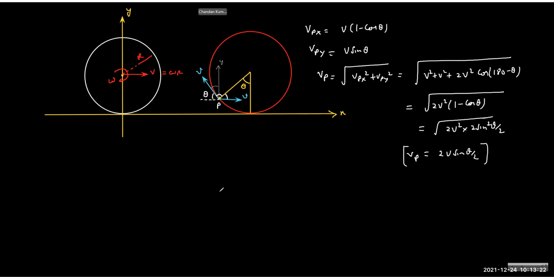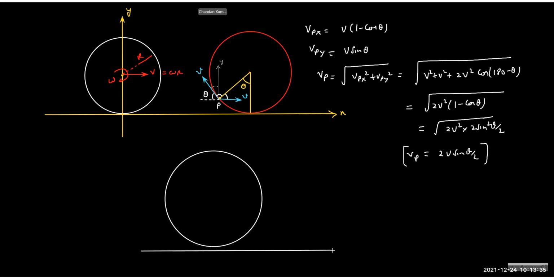Okay. And similarly, we can analyze the acceleration basically. For any pure rolling motion with constant velocity, the center of mass is moving with constant velocity, so there is no acceleration of the center of mass.